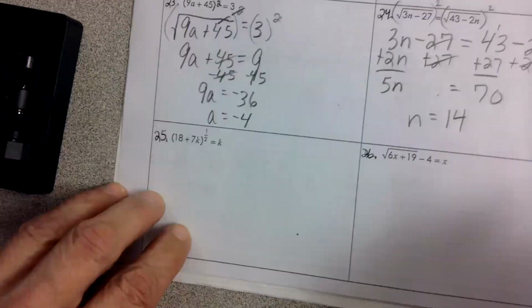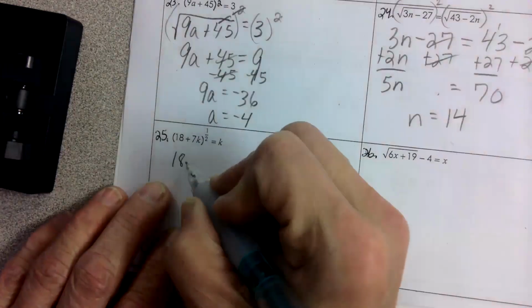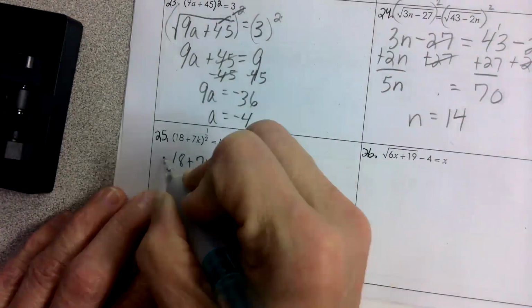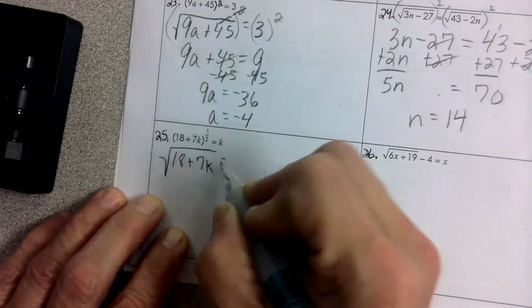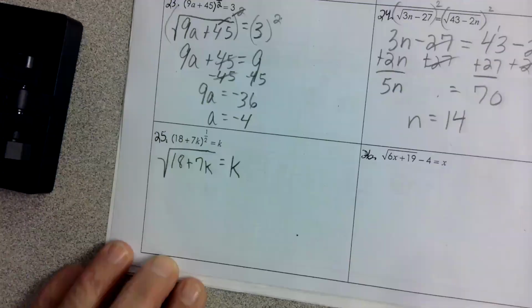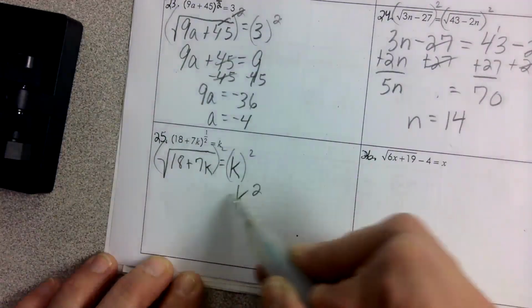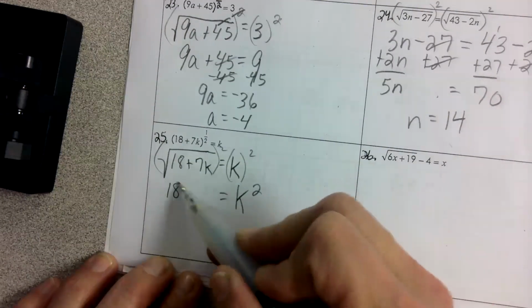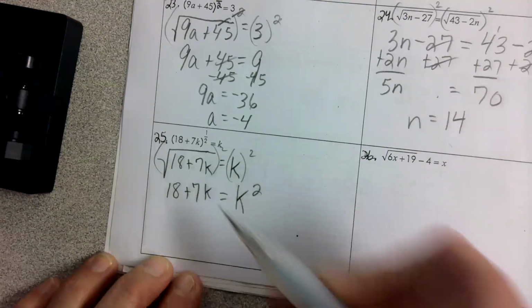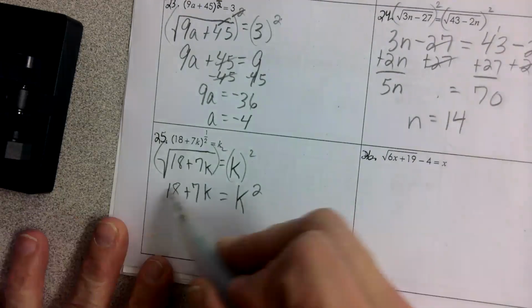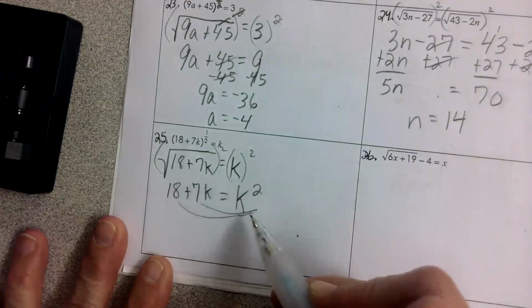Okay. All right, so then number 25, that's 18 plus 7k. Square root of that equals k. And we're going to square both sides. So k squared equals 18 plus 7k. Move all of that stuff over to the other side.